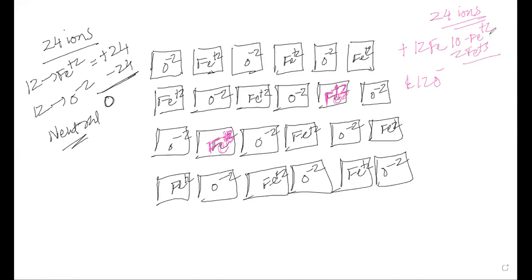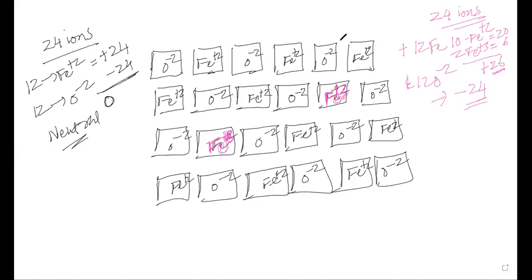So 10 Fe+2 will give 20, 2 Fe+3 will give 6. So in total we will have plus 26 charge, and 12 O-2 will give minus 24 charge. So this plus 2 charge becomes extra.